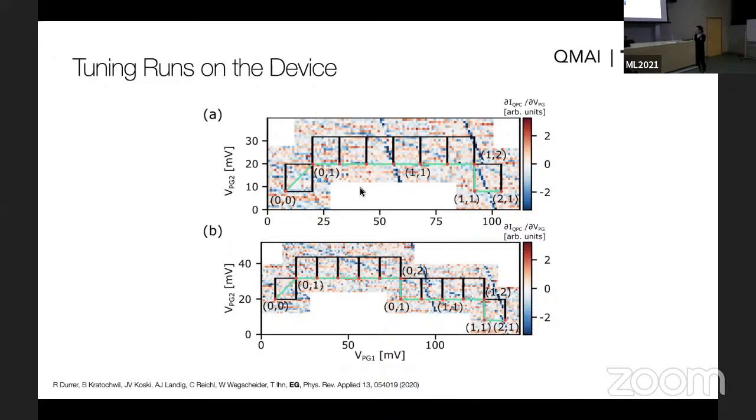So this is then how it works. And then again, you can do this very automatically, because you only need the classification that tells you how many lines you have. And then you just need a feedback loop that connects the output of your classification to your voltages.